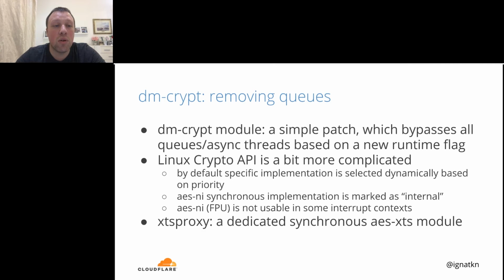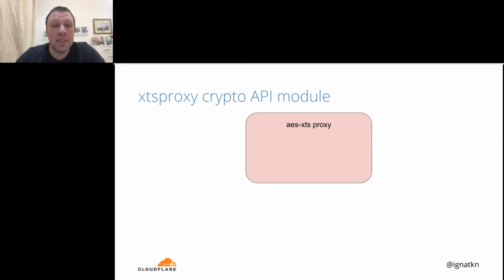To address all these cases, we implemented yet another crypto API module called xtsproxy, which is basically a dedicated synchronous AES-XTS implementation. But it doesn't implement its own crypto. It's basically a simple switch: when this crypto API module receives any encryption or decryption request, it checks if we can use the FPU in this execution context.